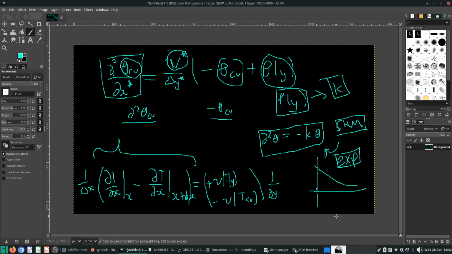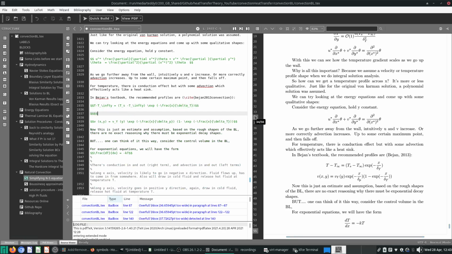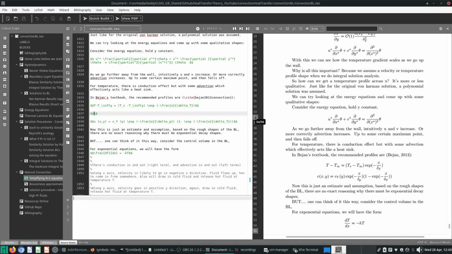Okay, so hopefully that's convincing enough that you will know that using exponential decay isn't too far off an idea. So the actual profiles that are being suggested in Bijan's textbook, it is exponential decay. So I just wanted to really convince myself of that. That's why I did this whole exercise. Okay, see whether it's actually viable.